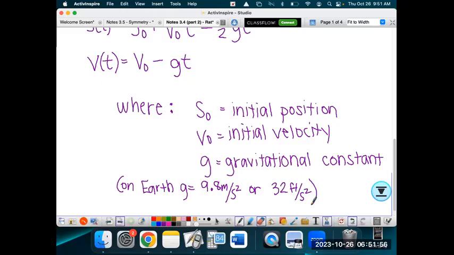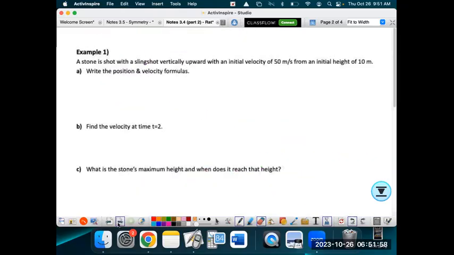Let's move on to our first example. A stone is shot with a slingshot vertically upwards with an initial velocity of 50 meters per second with an initial height of 10 meters. Because that stone is subject to gravity, it's going up and then gravity is going to pull it right back down. We have to use Galileo's formulas. So I would like you to go ahead and write your position and velocity formulas.